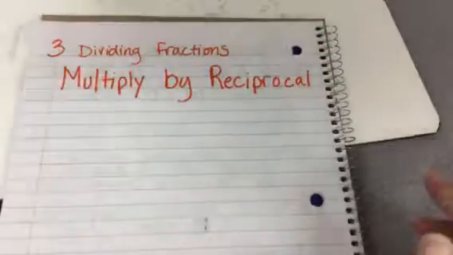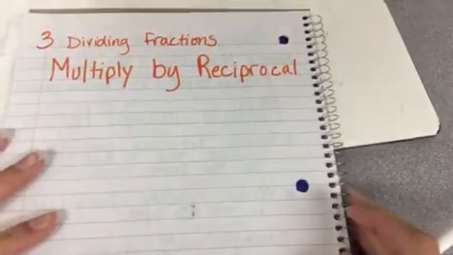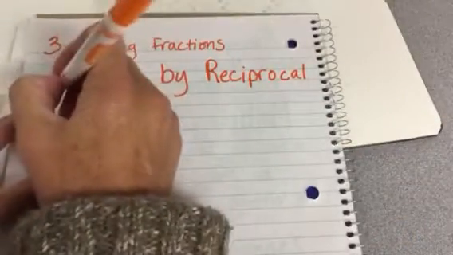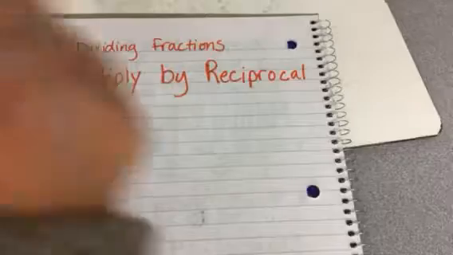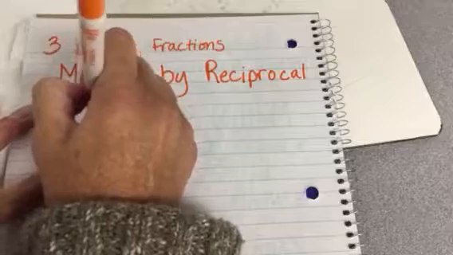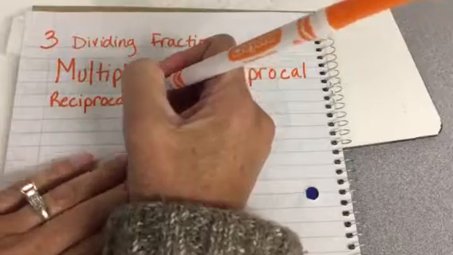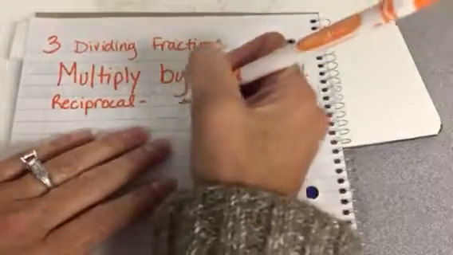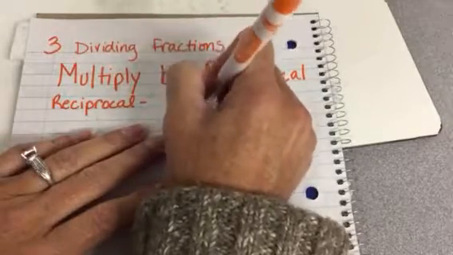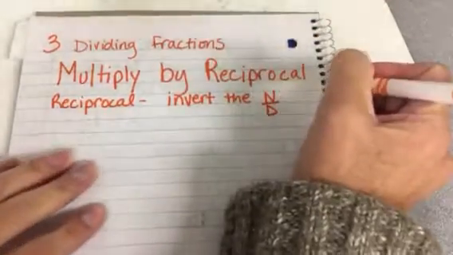Reciprocal. Multiply by the reciprocal. So let me explain what that means and what that looks like in dividing fractions. So the definition of reciprocal is that you are going to invert the numerator and the denominator.